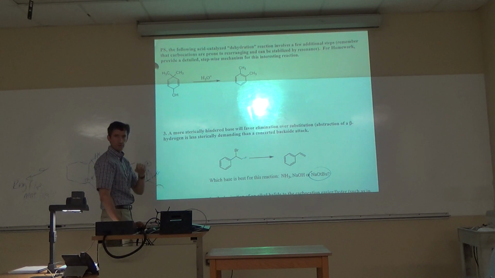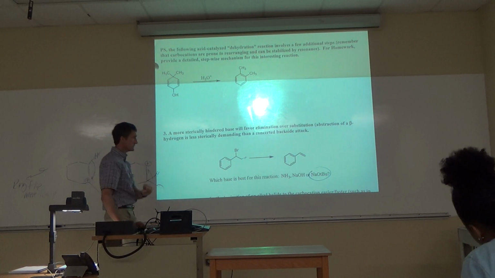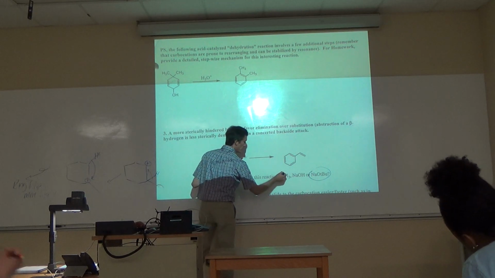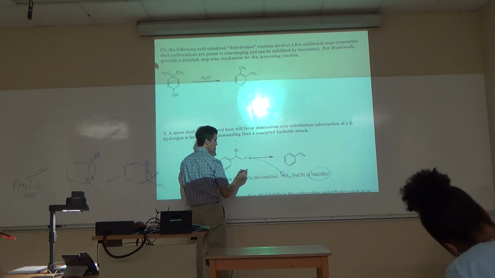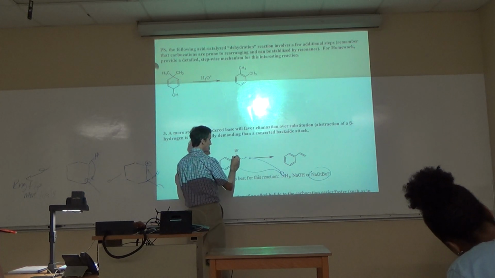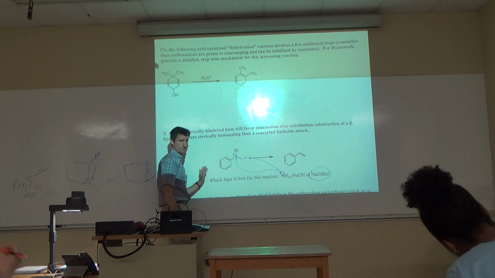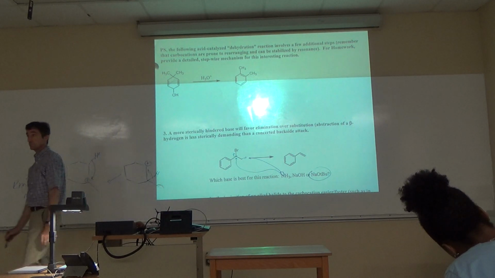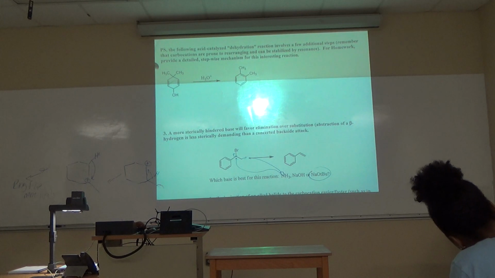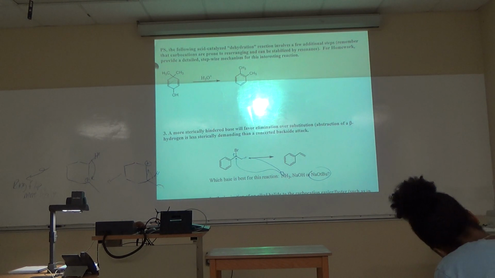Why do we want to use the bulky base? Well, the base wants to do a substitution. This is where we're looking at substitution versus elimination. If you use ammonia, it could maybe take the H, but what else could it do? Maybe it could do this. Couldn't ammonia do an SN2? Yeah. We don't want an SN2. So how can we keep the SN2 from happening?